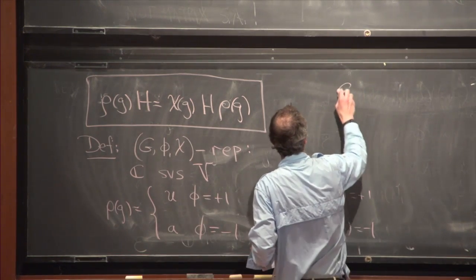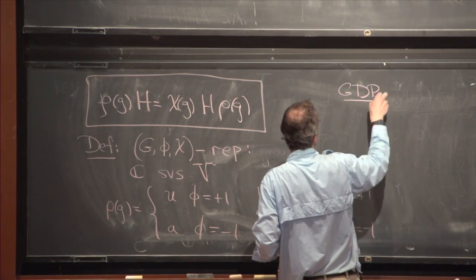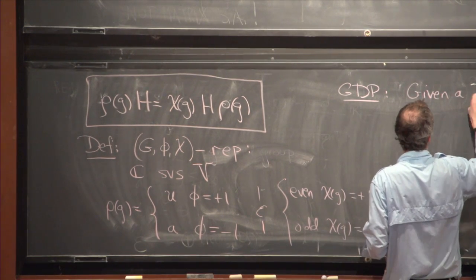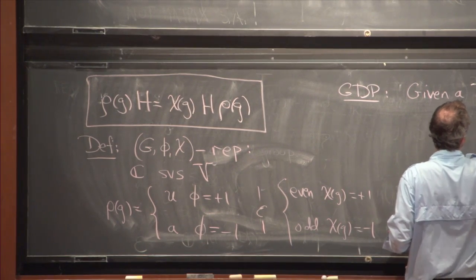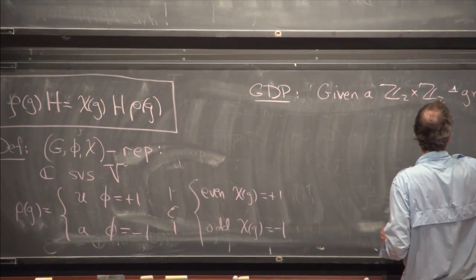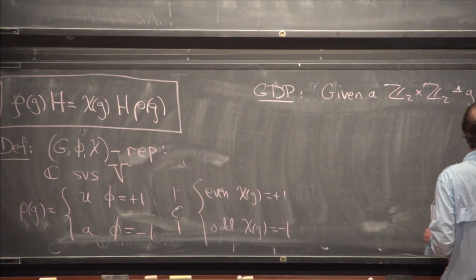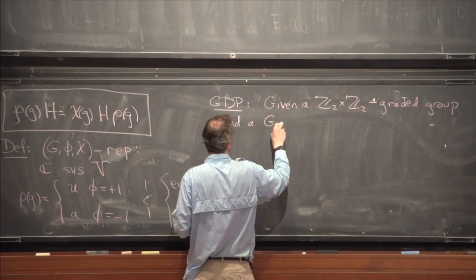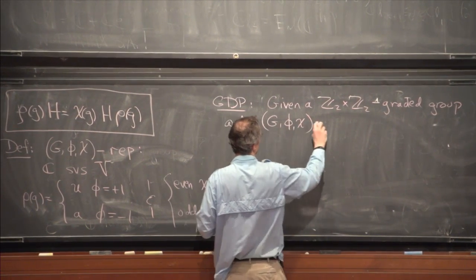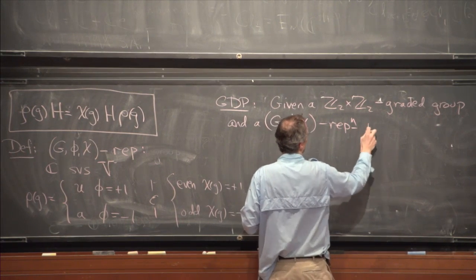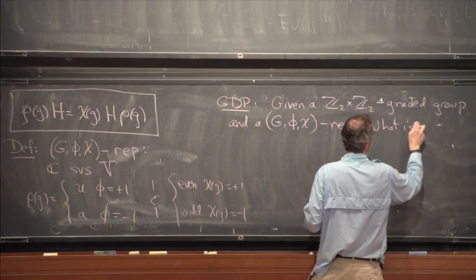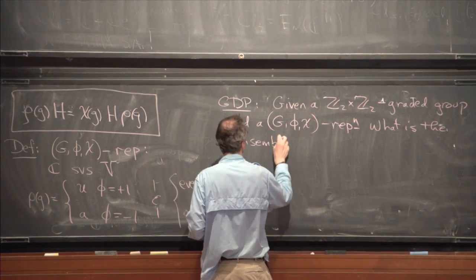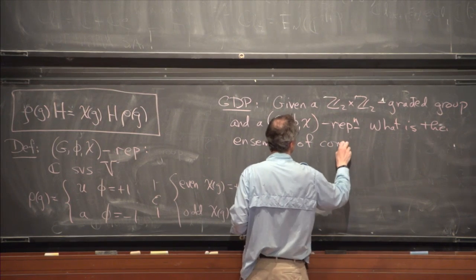Okay, and so we can state, let's call it the generalized Dyson problem. So given a Z2 times Z2 graded group and a G phi chi representation, what is the ensemble of compatible Hamiltonians?